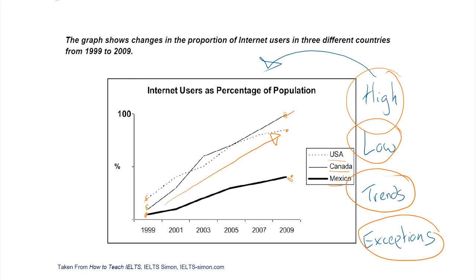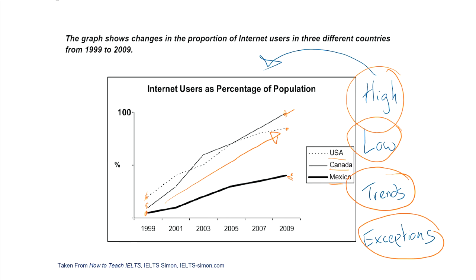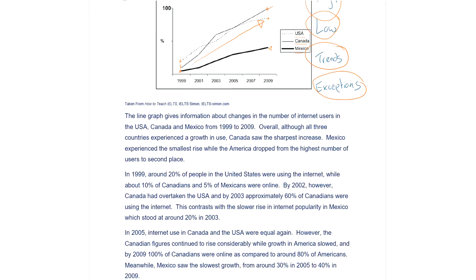Now, you don't have to write about every single point on the IELTS data. They only want you to write about the main points. So let's have a look and see what I've done. Alright, so here's my Task 1 essay down here.